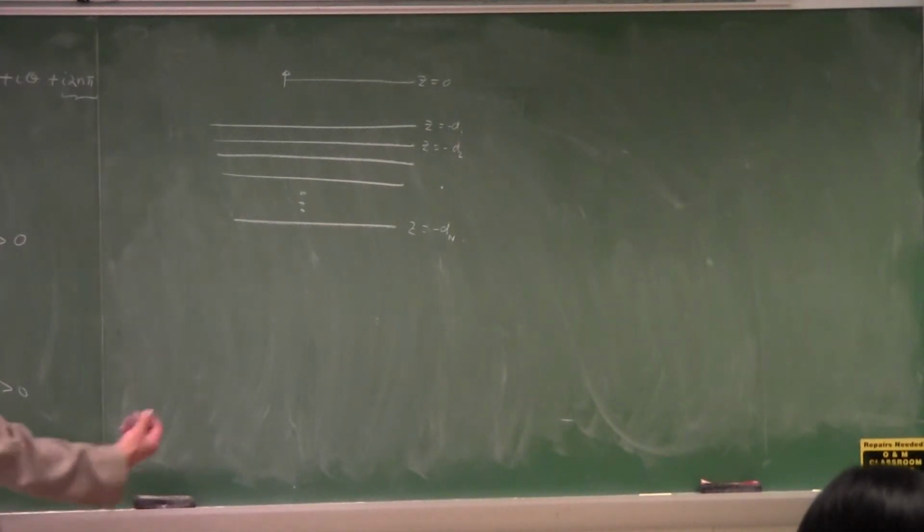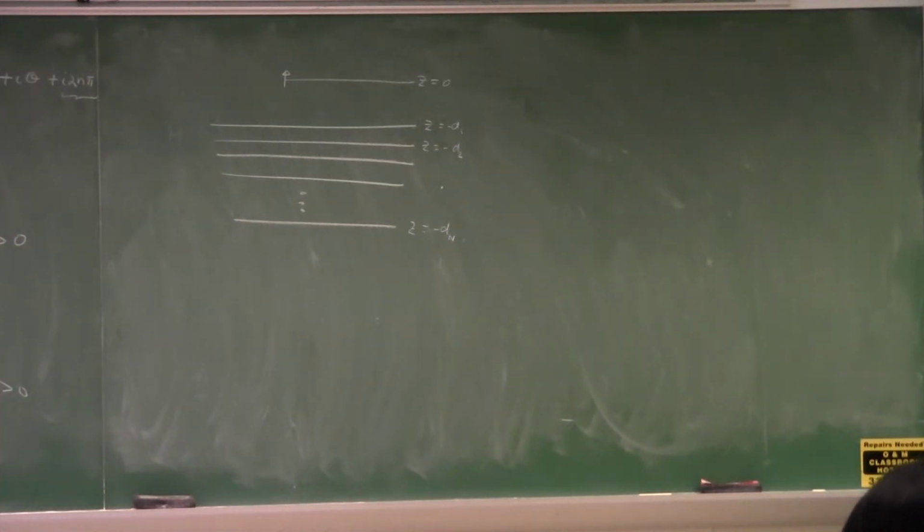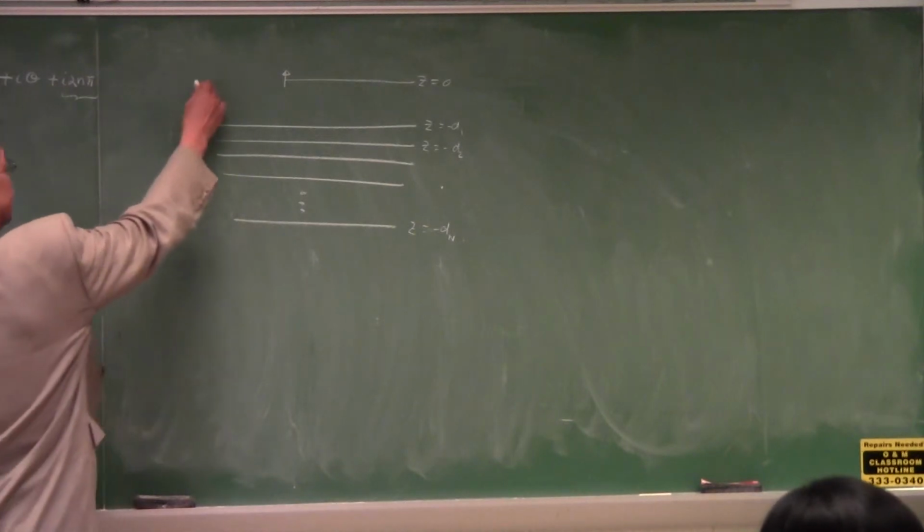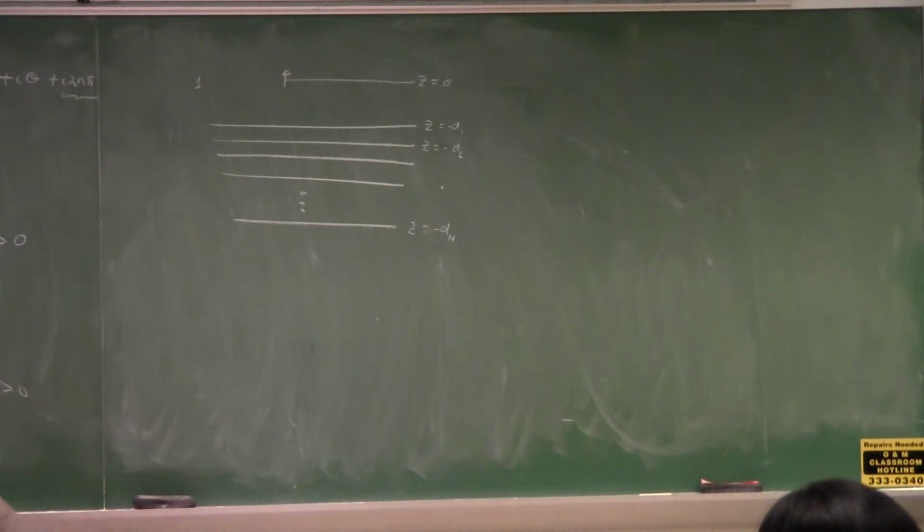How can I write down, say, the field in region 0? So I call it region 0. Maybe I call it region 1. So how would I write down the solution in region 1, say? Using my physical intuition first, and then check for mathematical correctness after that.